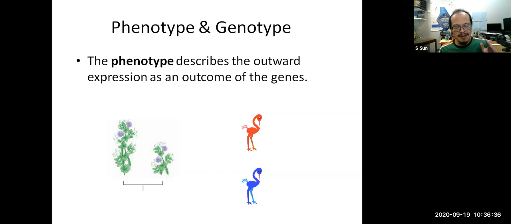We can have a trait like a person's hair, whether it's curly or straight, or the plant is tall or short, or the flower is purple or yellow, or eye color, right? Even a person being tall or short could be a trait of the phenotype. Now, this phenotype is what you can observe. But we need to know that all these phenotypes come as a result of our genes.